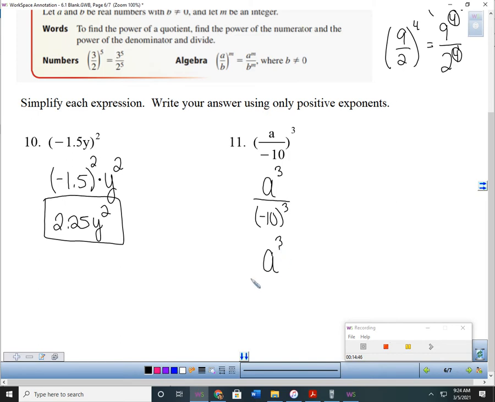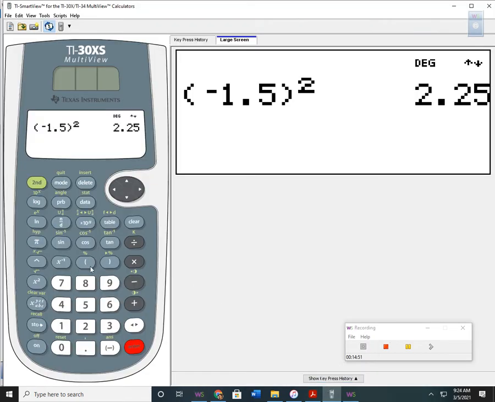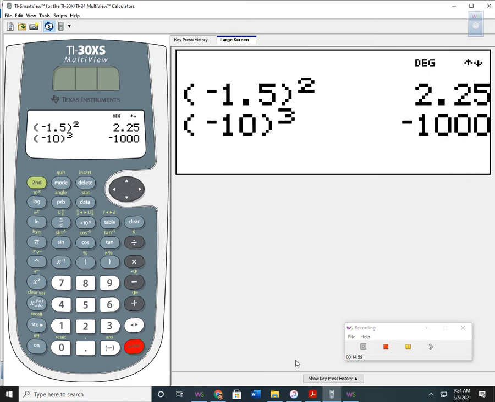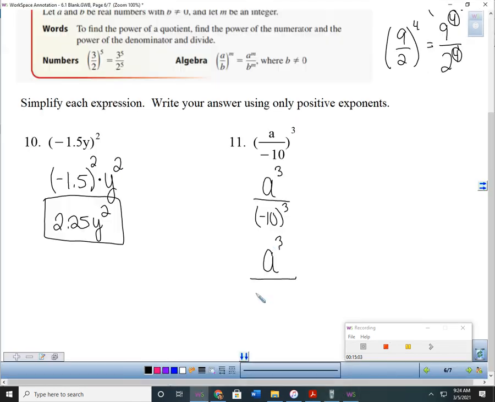So a to the 3rd. And then on the bottom, negative 10 to the 3rd. That's an easy one to do without putting it in, but just showing you. You get negative 1,000. Now, I don't like for you to write negatives in the denominator, so instead just put it out on the side.